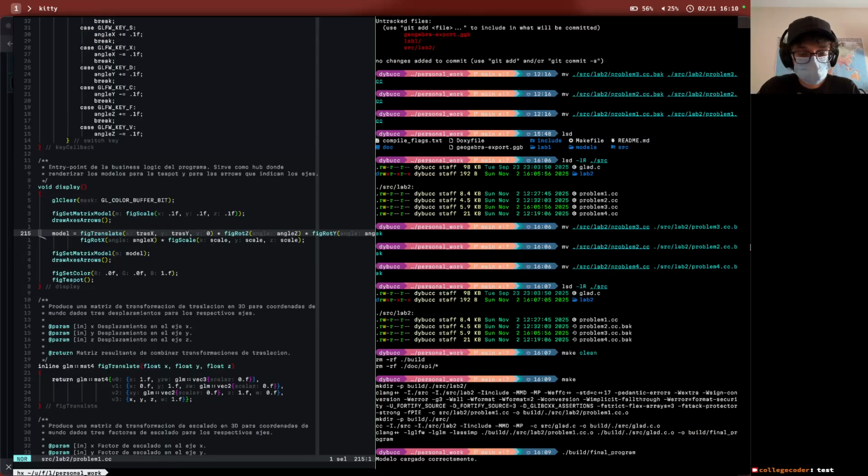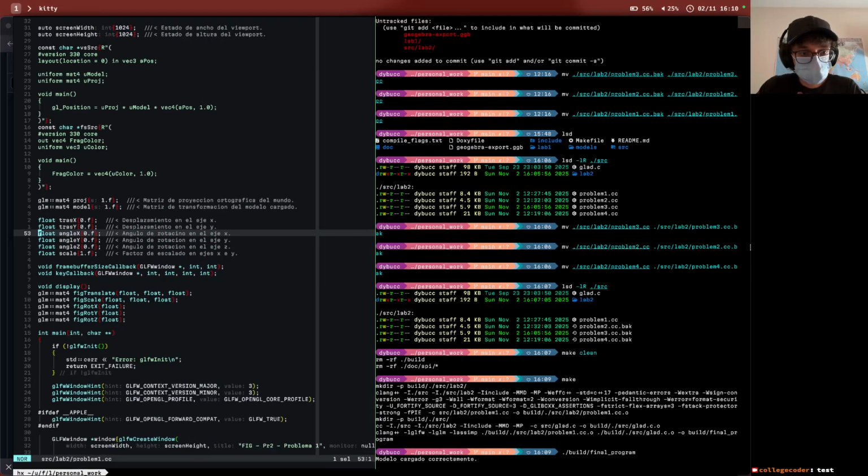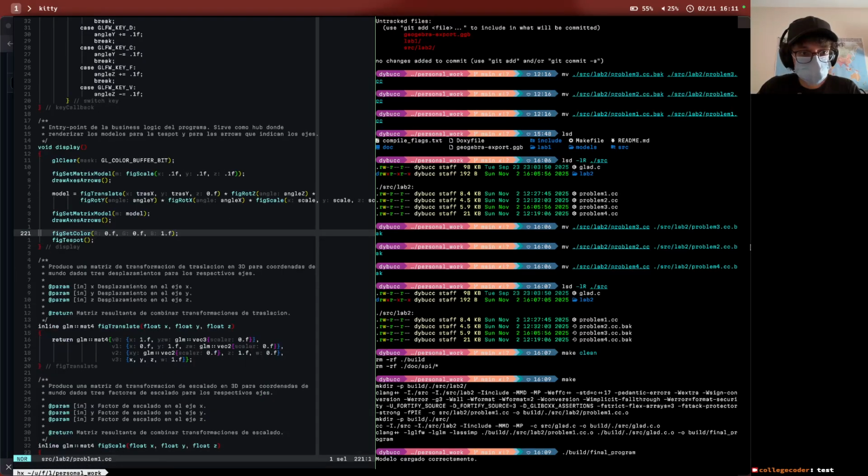But I'm just noticing there's something odd there. So, angle on X starts off at 0, just as angle on Y starts off at 0. By the way, this has to be 0, and the rest just applies the same way. Likely want to keep it consistent.